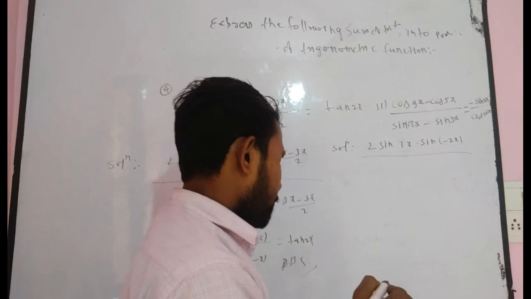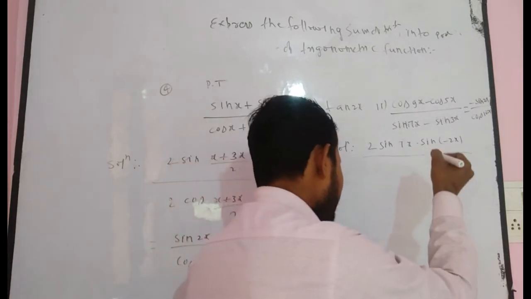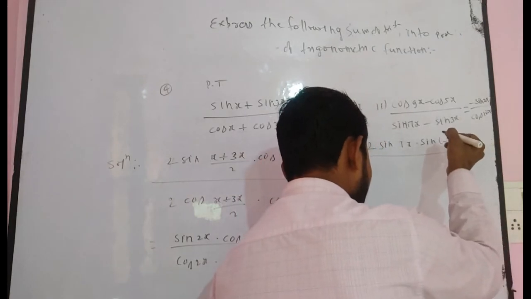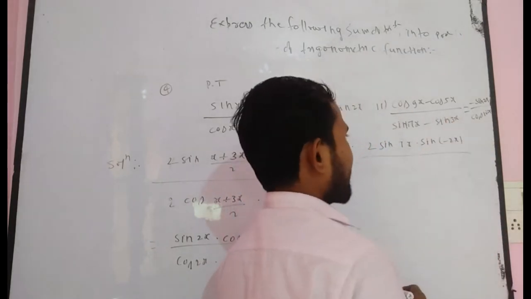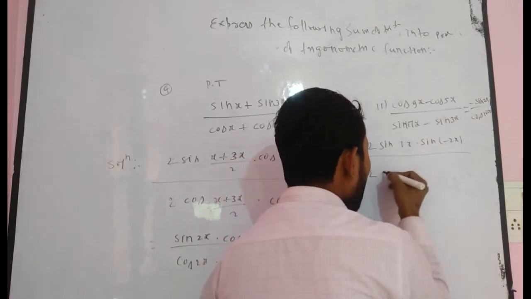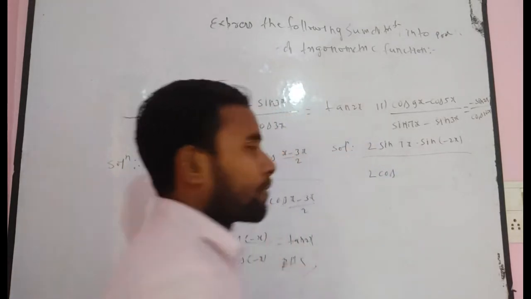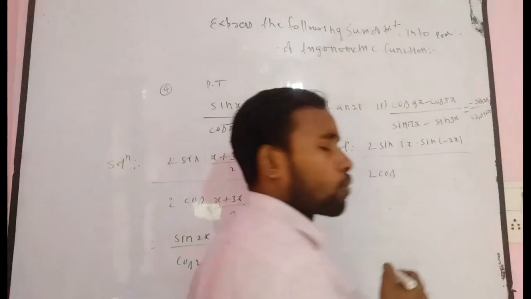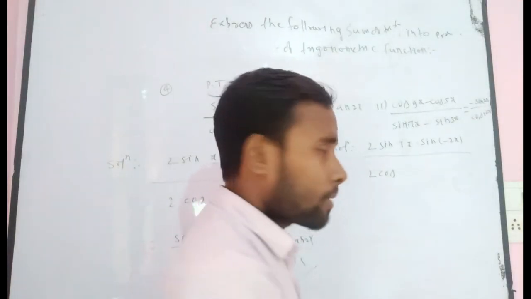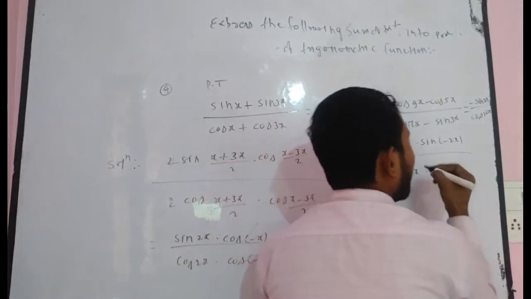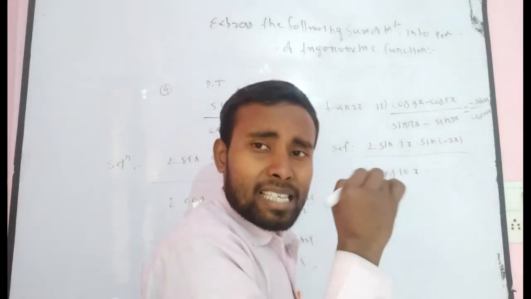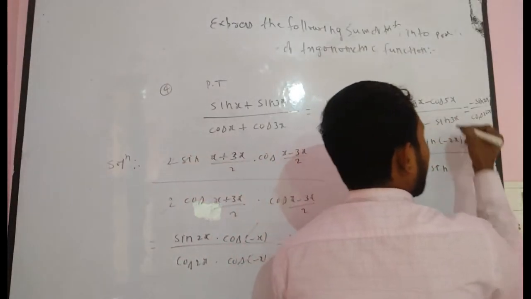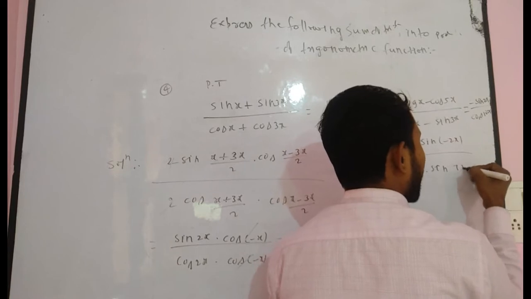If you write sin 17x minus sin 3x, can you write it? 2 cos (c plus d) by 2, that means 17x plus 3x will be 20x by 2, that means 10x, into sin (c minus d) by 2, that means 17x minus 3x, that will be 14x by 2, that means 7x.